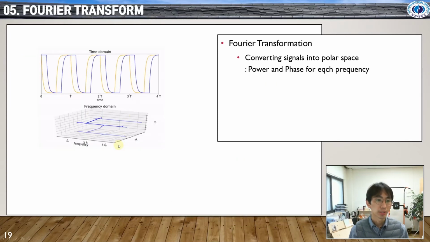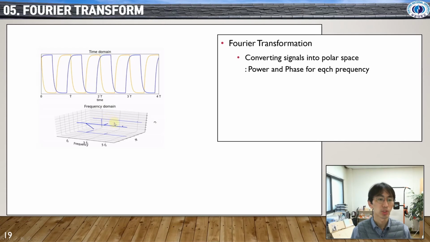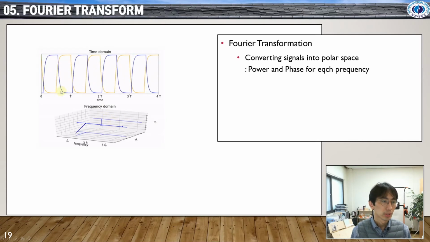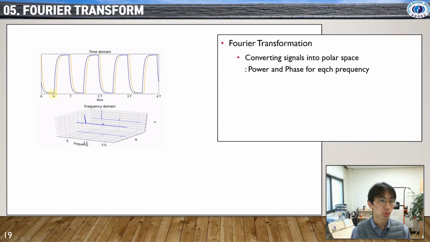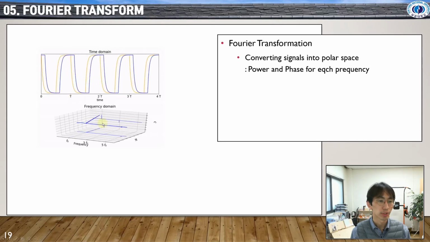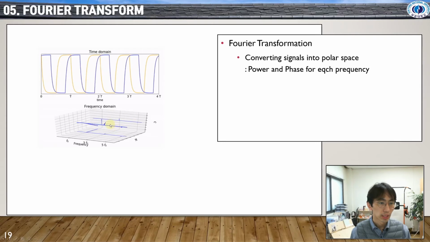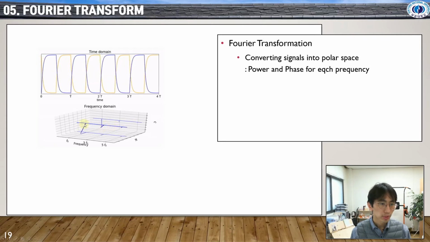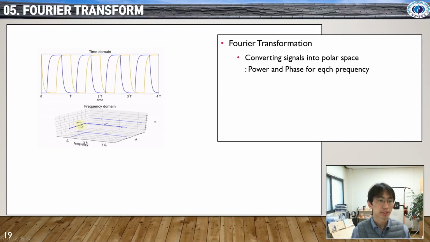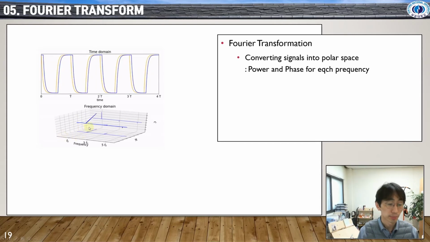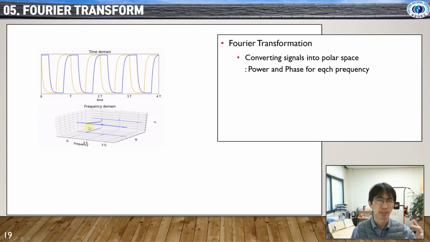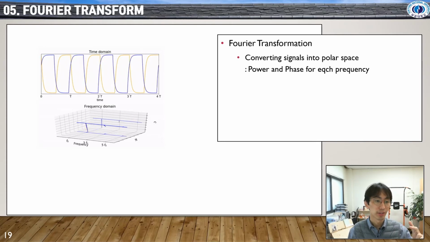Okay, this image can be expressed in an easier way. The signal is moving here, right? According to its movement, the power itself, the size of the frequency, does not change.